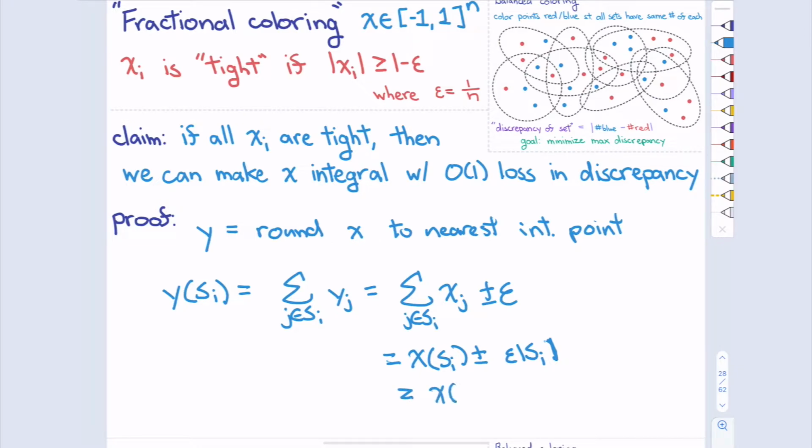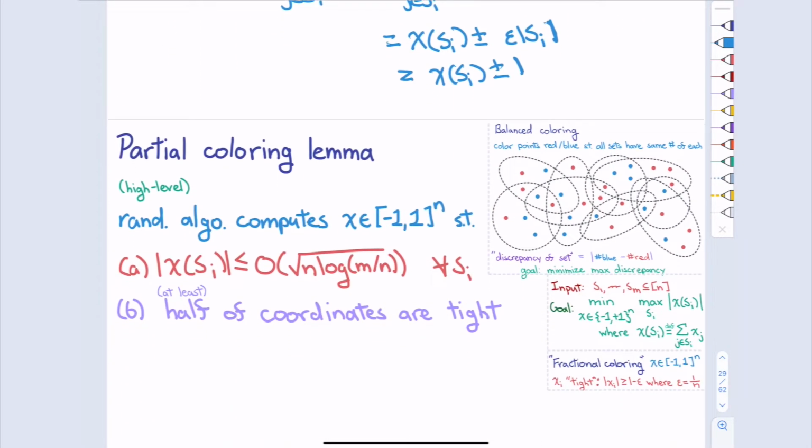So it's only going to change things by plus or minus 1, which is nothing between friends when we're worried about the square root n type of scale. Okay, so nothing too deep here, just saying that getting everything tight, maybe not quite 1 or -1, is good enough. So I can just worry about that for the rest of the class.